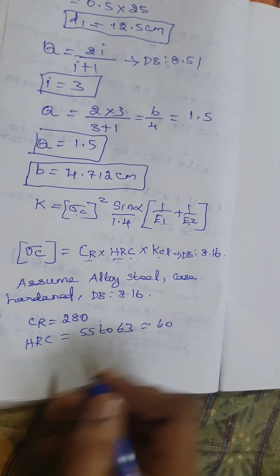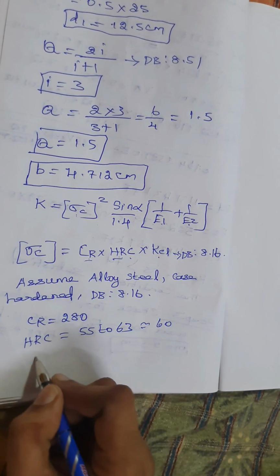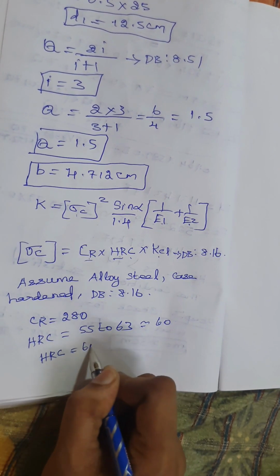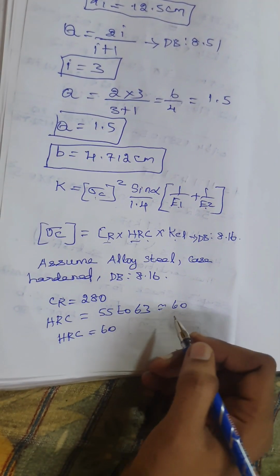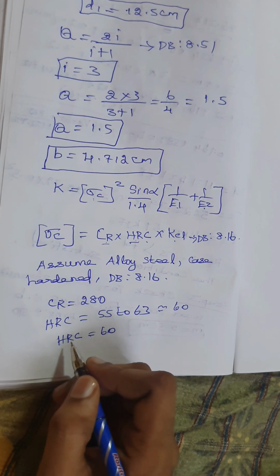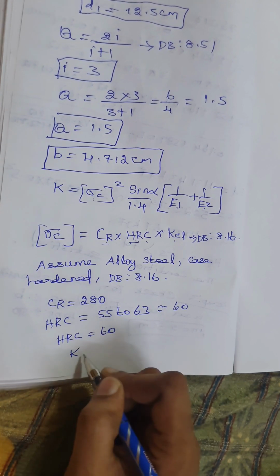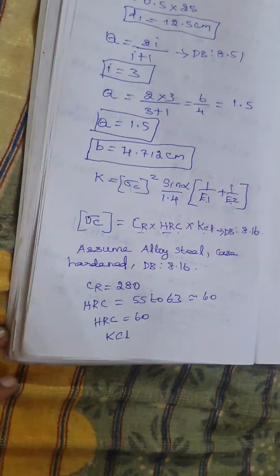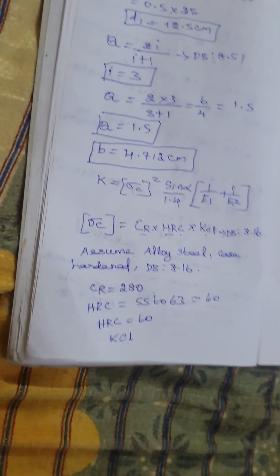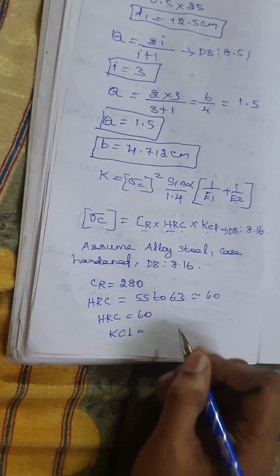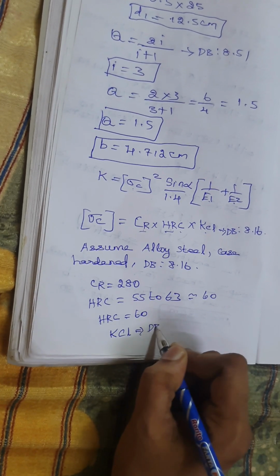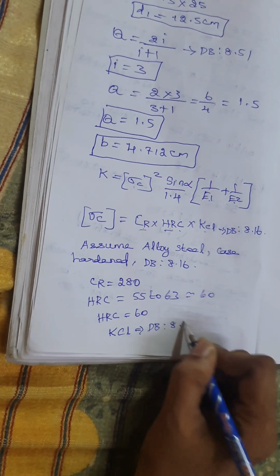So I am here considering the value of HRC as 60. And the KCL value can be found from data book page number 8.17.